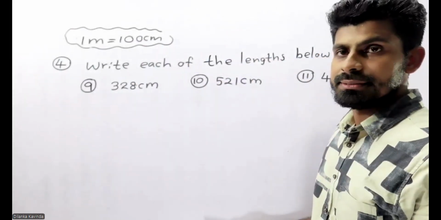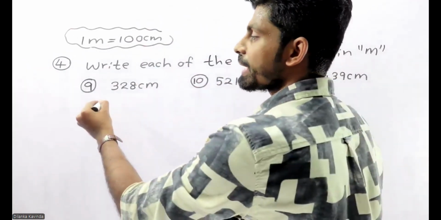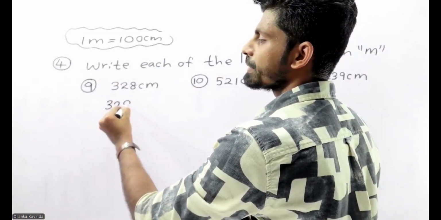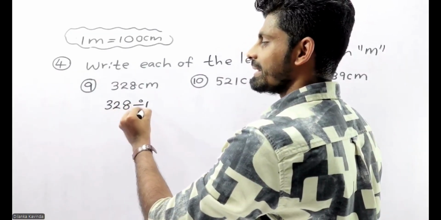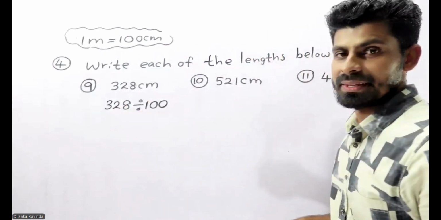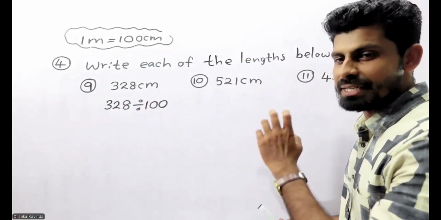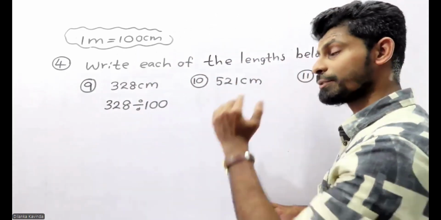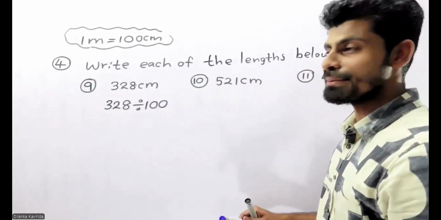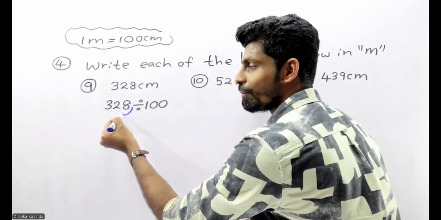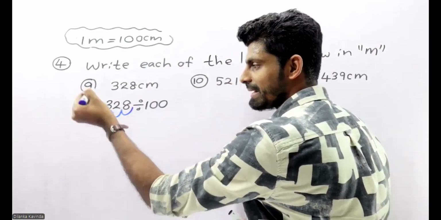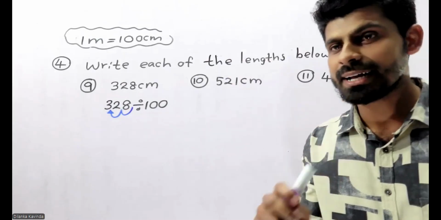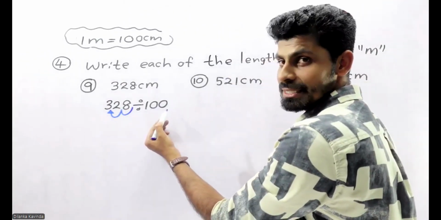328 centimeters. Now we need to convert to meters. How can we convert to meters? 328 divided by 100. Dividing by 100 means how many decimal places do you need to move to the left? 2 decimal places. How many zeros are there? 2 zeros.